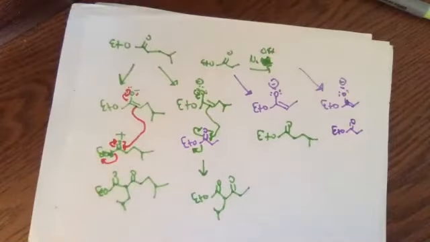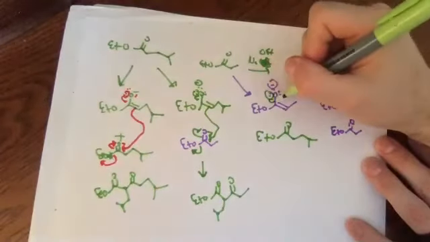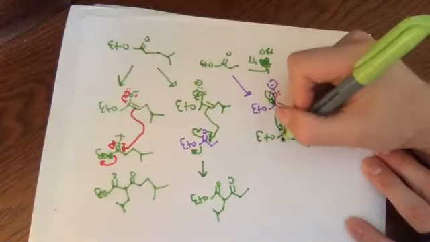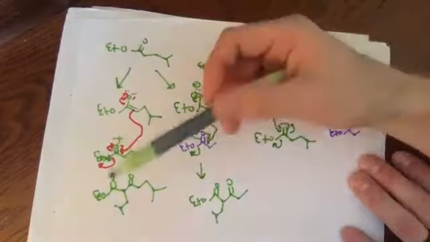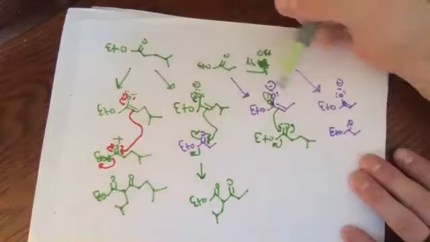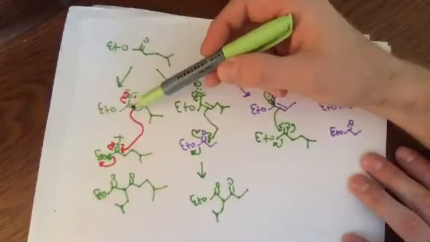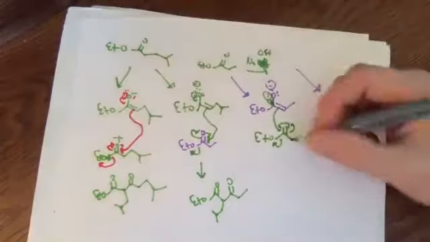So if it attacks the other ester, we are going to make something that looks very similar to this here, but now we have fewer carbons on our enolate instead of our ester here. So we're going to have fewer carbons in this position.